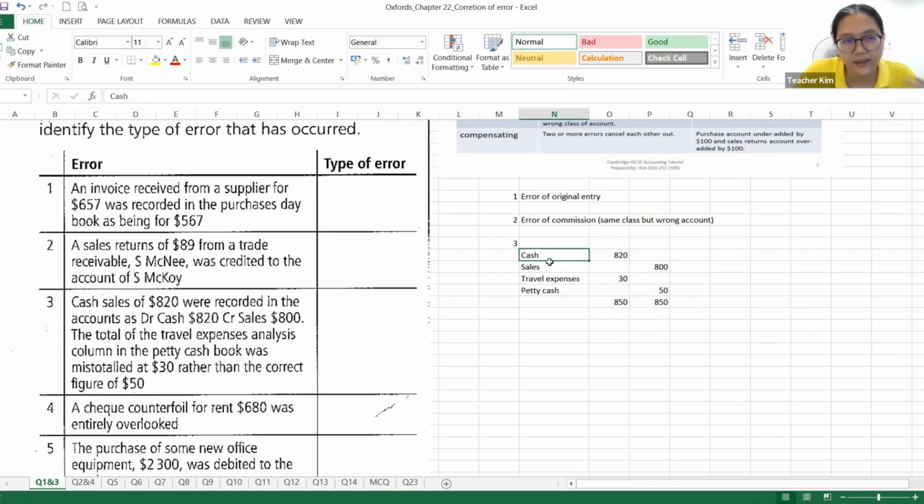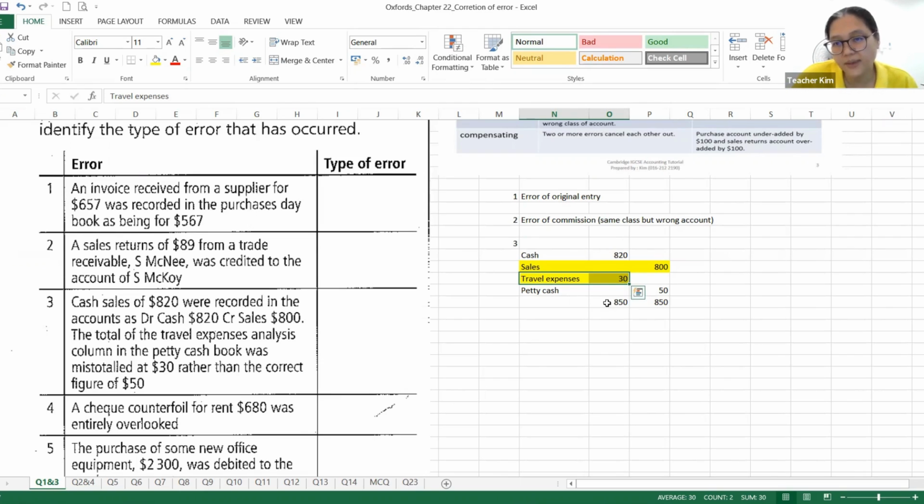Cash sales is 800. That means cash is correct, sales account is wrong. Then in here, the petty cash book is 50, and here should be 50, but we go and put 30.